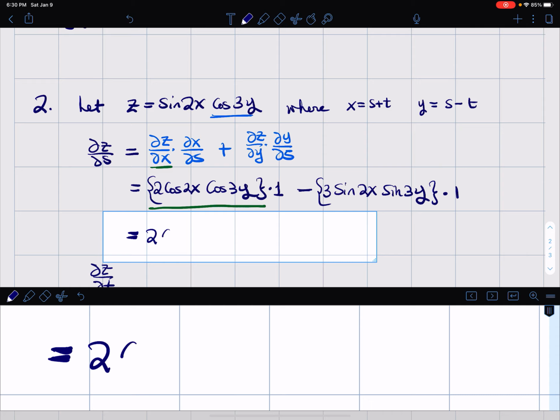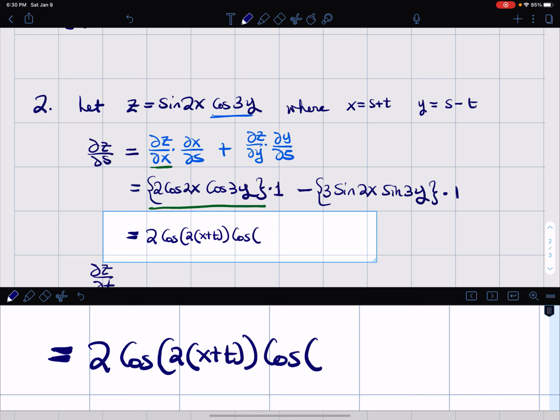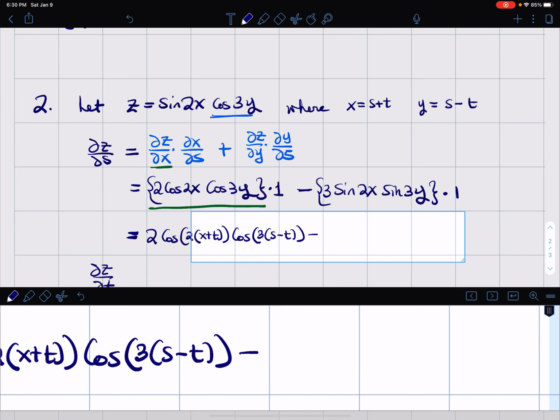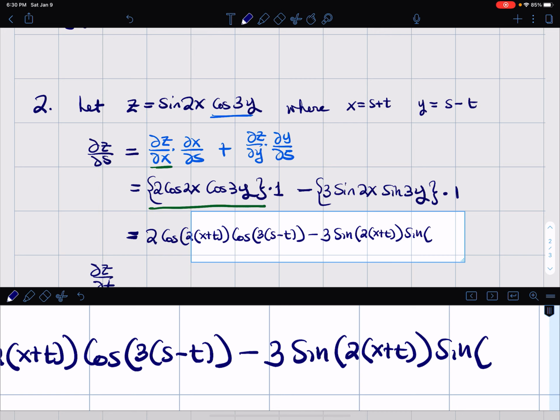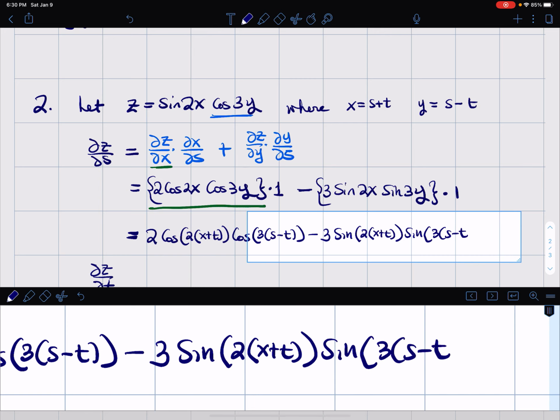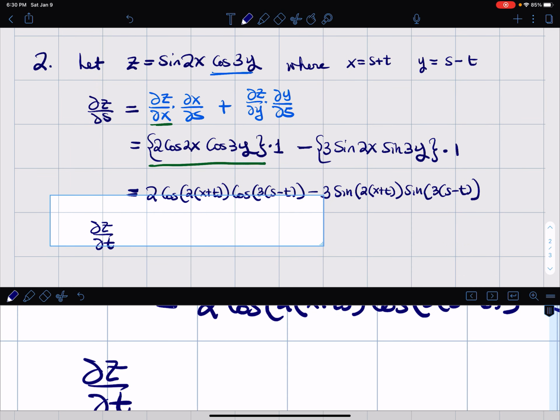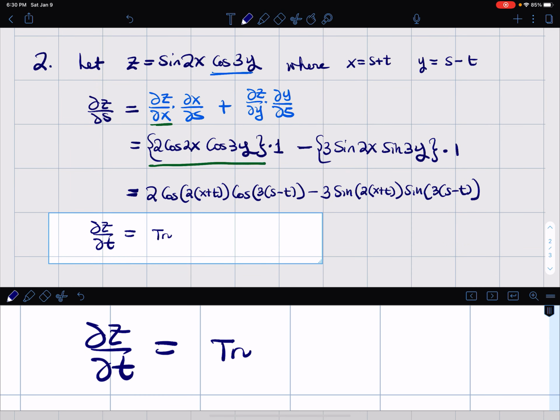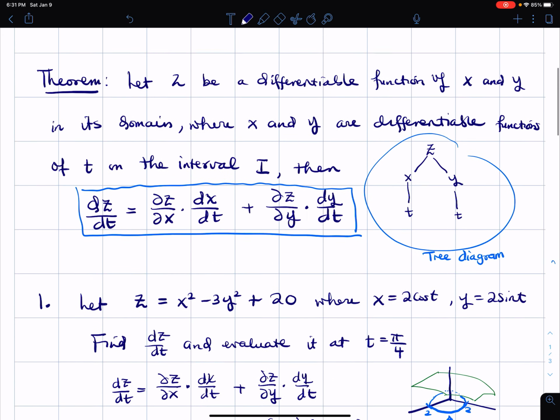So we have 2 cosine 2(s plus t) cosine 3(s minus t), minus 3 sine 2(s plus t) sine 3(s minus t). All right, so that's our final answer. Now I want you to try this one yourself. We'll talk about it in class if you're taking the class.